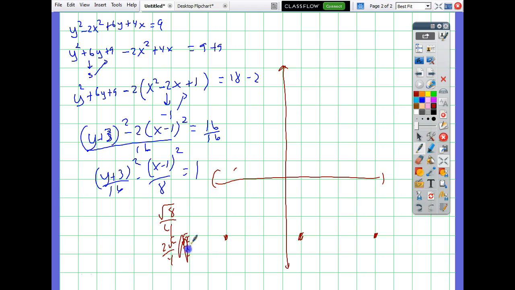Thank you. So instead it should be 4 over 2 root 2, right? Square root of 8. And that's going to be 2 over root 2, which I remember being about 1.4, but I might put that in my calculator to get an estimate. So I'm going to go up 1.4 over 1. Up 1.4 over 1. There's my asymptote.